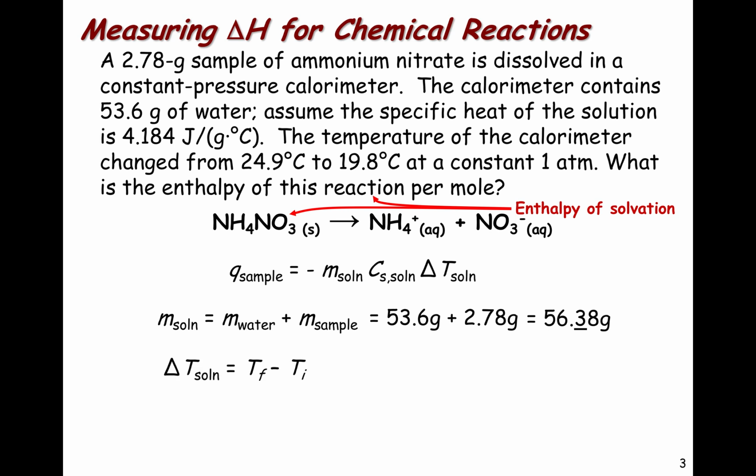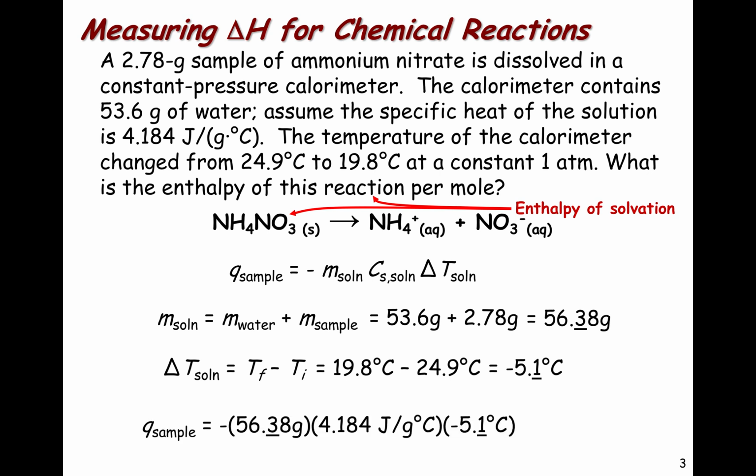And the temperature change, in this case, the final temperature is 19.8 and the initial temperature is 24.9, giving a negative 5.1 degrees Celsius change. And we plug those into our equation, and we have a Q for the particular sample that you'll notice is going to be positive.